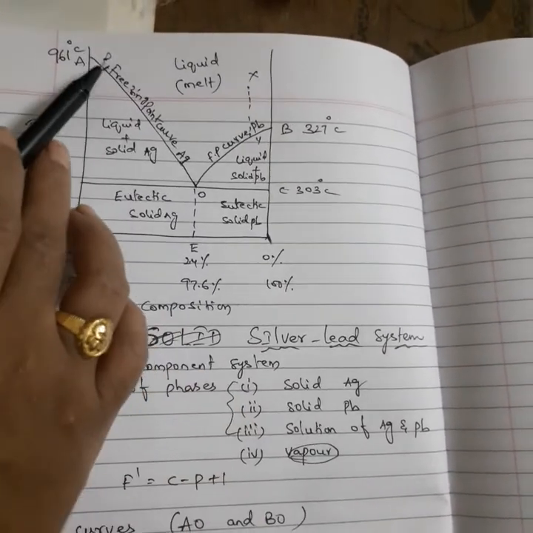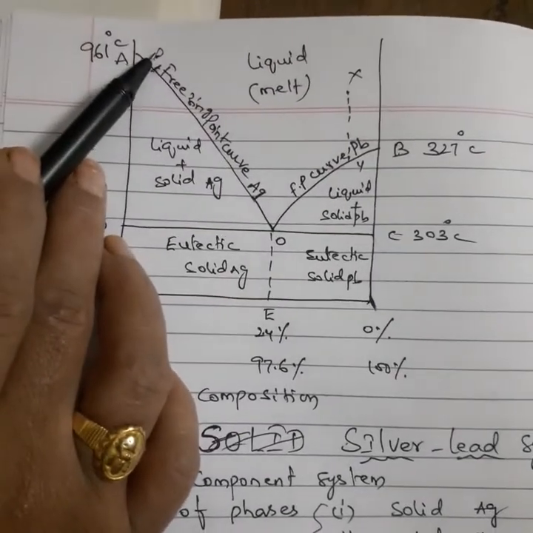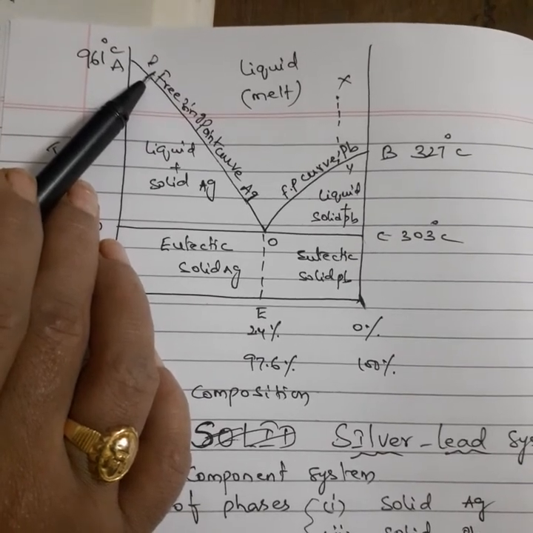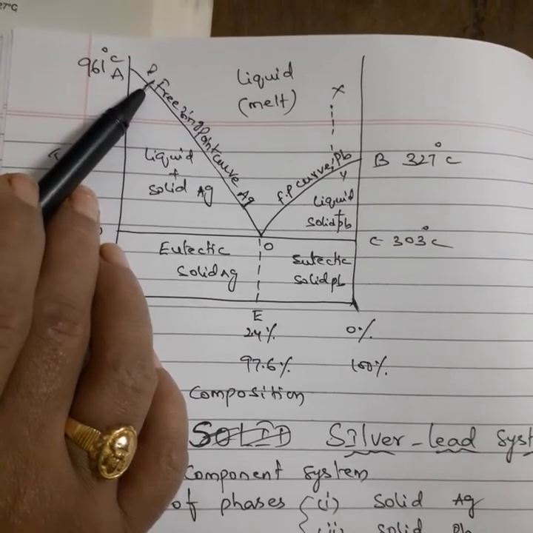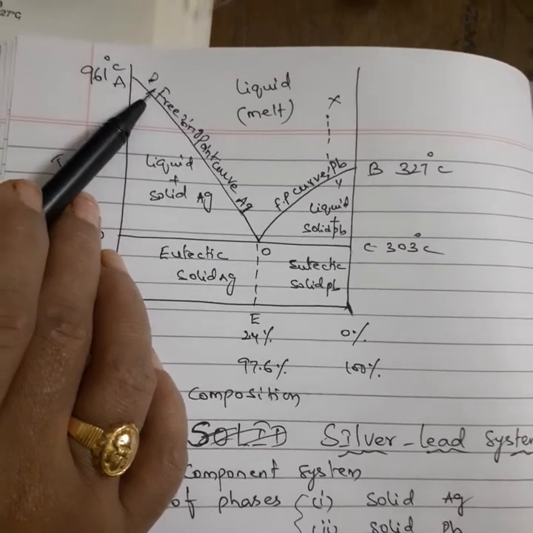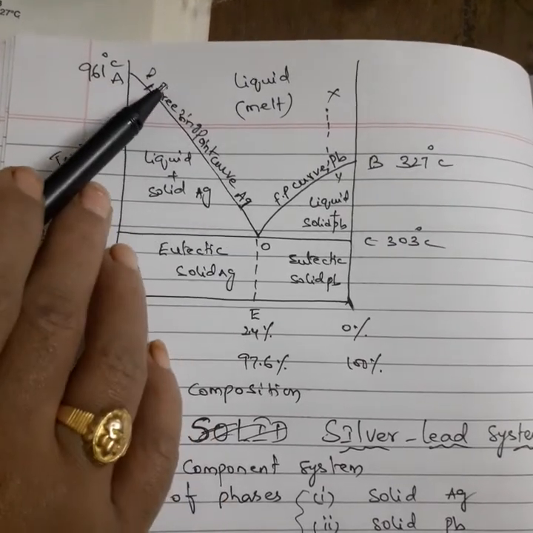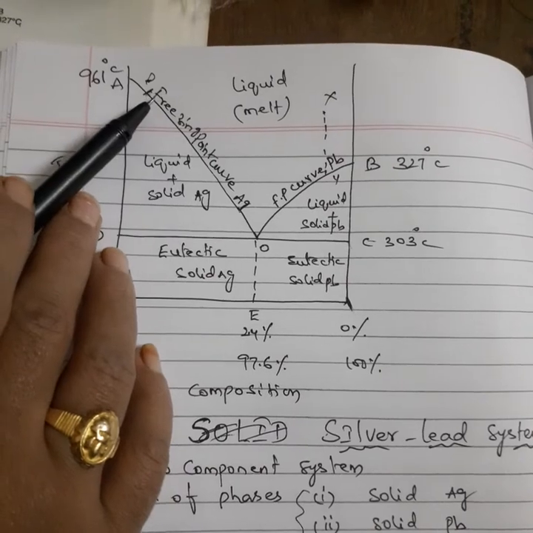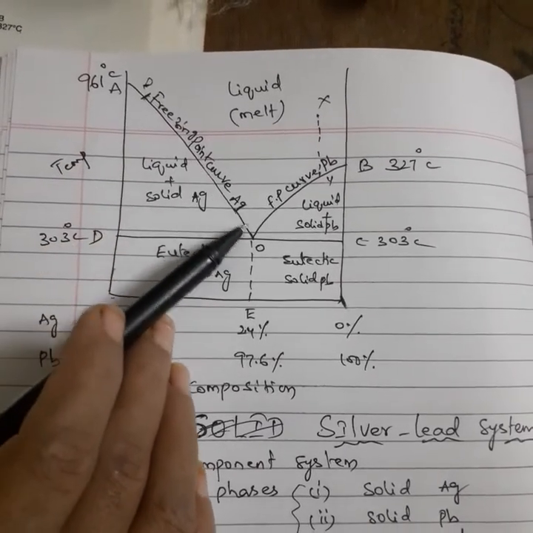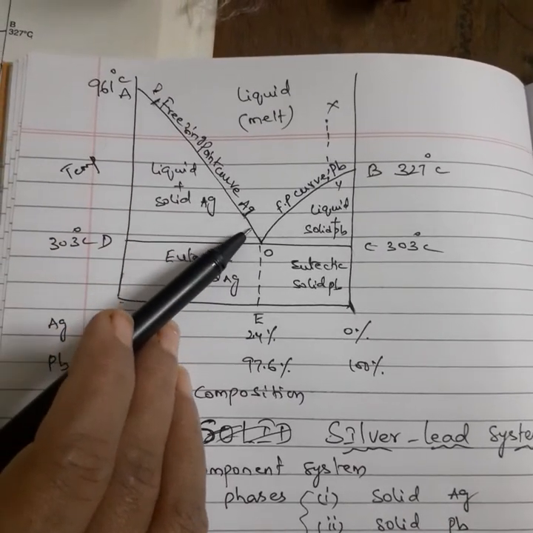Once again, I am taking a point here where both are in liquid form, slowly decreasing the temperature. When it reaches this curve, silver starts solidification. Now I am adding little amounts of lead. When we add lead, the curve moves towards the right side, because when you are adding lead, the freezing point of silver decreases.